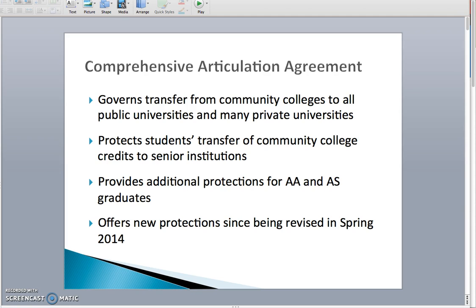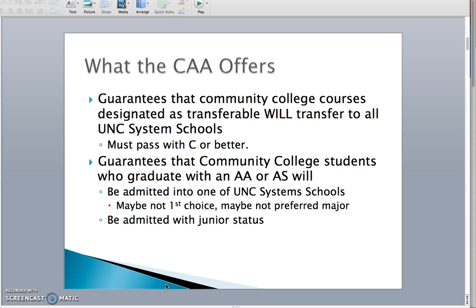So we were talking about the Comprehensive Articulation Agreement, and that is what governs the transfer from NC community colleges to the UNC system schools. And we're going to talk about what it offers. So it guarantees that community college courses designated as transferable will transfer to all UNC system schools.